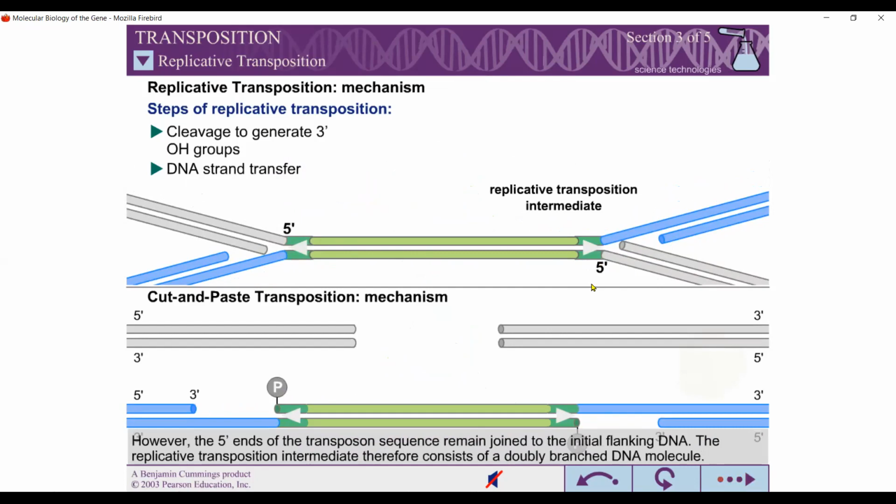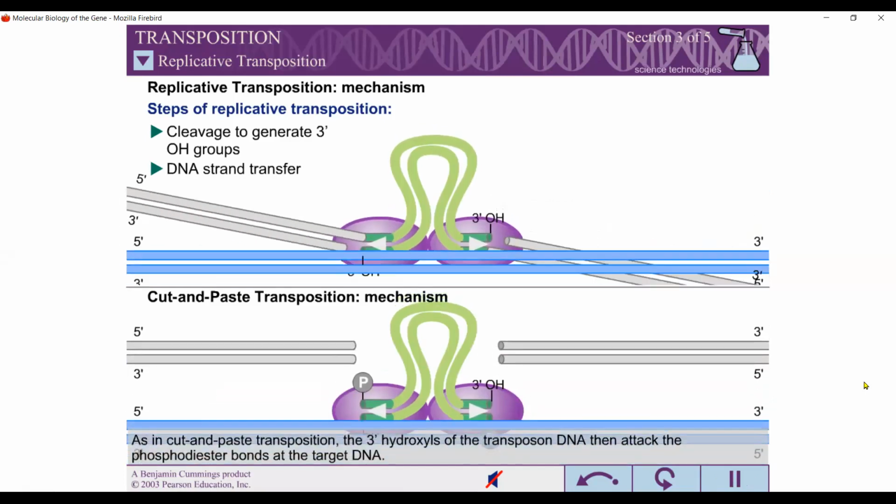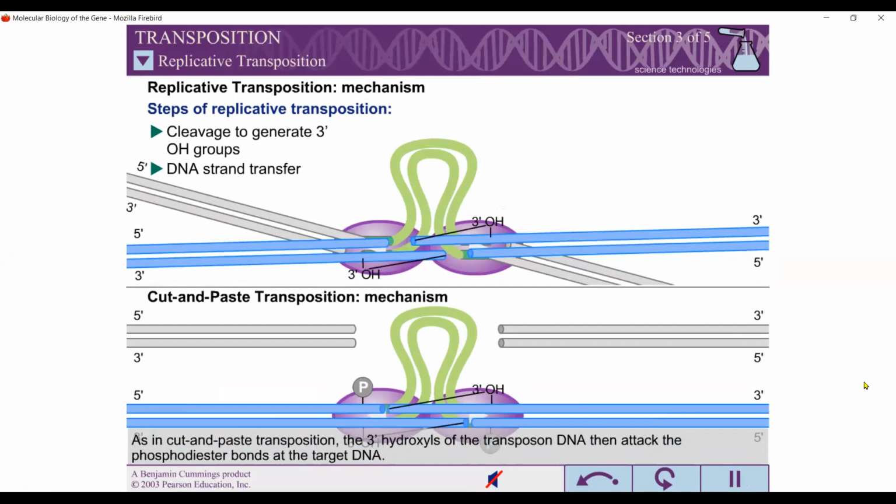So when the 3' OH is targeting the phosphodiester bond of the target DNA, here what we see, one of the DNA strands of the target DNA gets attached to the 3' end and the other DNA strand gets attached to the other 3' end. In case of cut and paste, this criticality doesn't arise because the transposable element has totally excised itself out from the original donor site. I'm again repeating this particular step and see how this cutting is being done. So that's the target site.